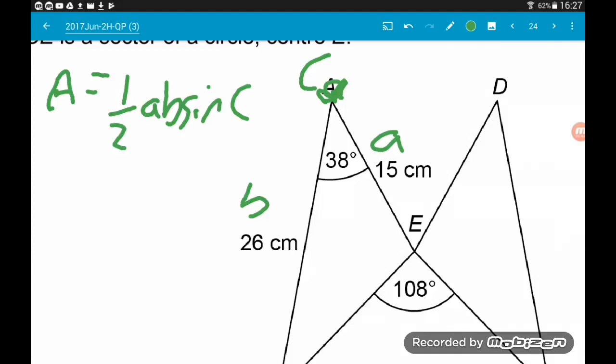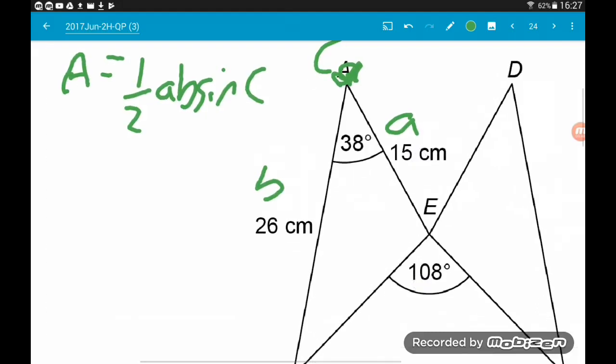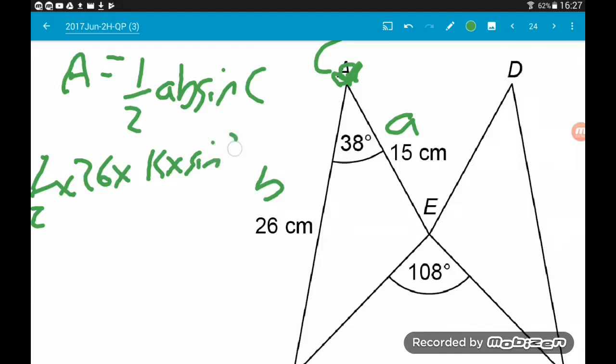So if we plonk our numbers in here, we would get 1/2 times 26 times 15 times sine 38. But what we can do though, because we've got two congruent triangles, is not worry about the 1/2, and then that will give us the area of both triangles.